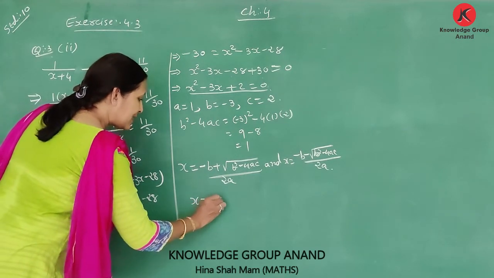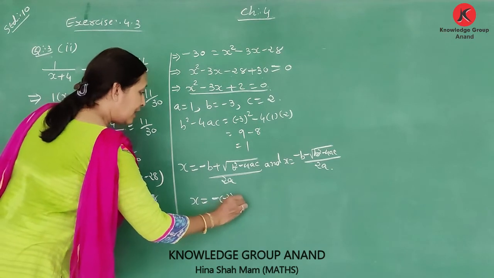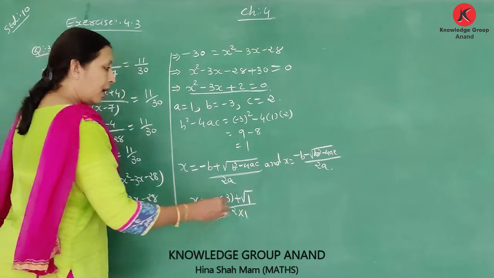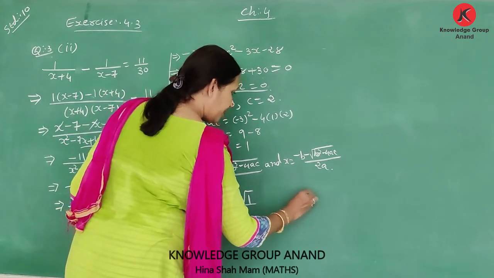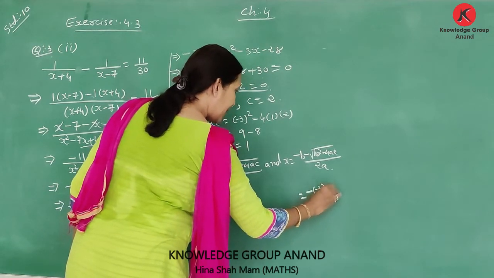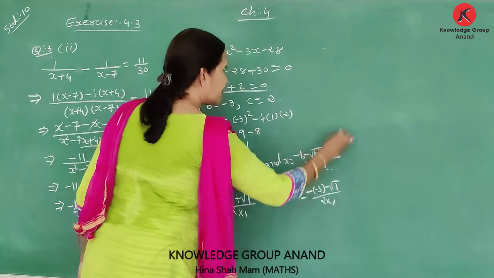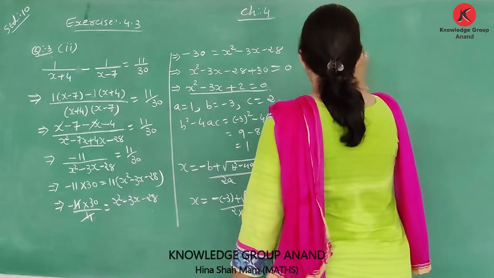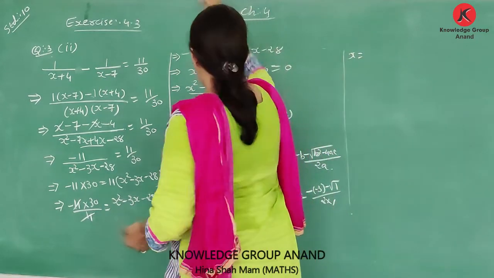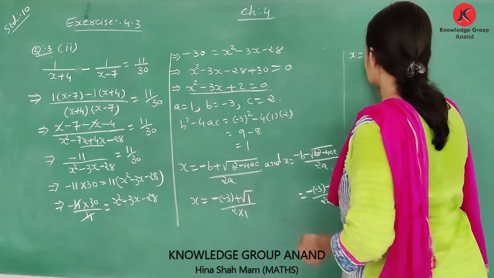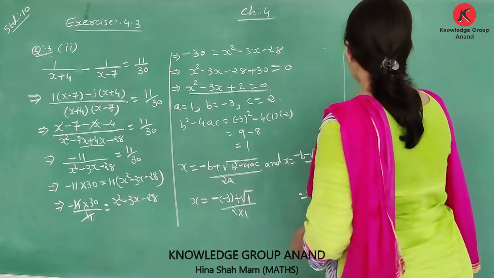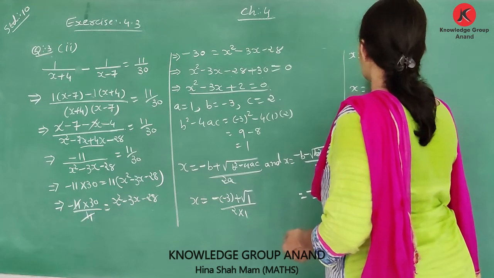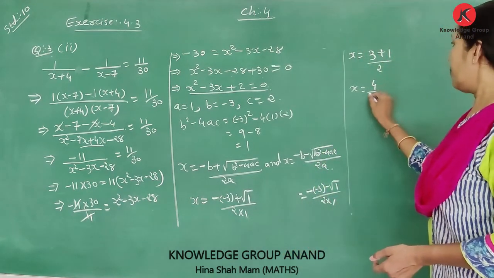Put here the values: x is equals to minus minus 3 plus under root 1 upon 2 into 1, and x is equals to minus minus 3 minus under root 1 upon 2 into 1. x is equals to 3 plus square root of 1, which is 1, upon 2 ones are 2. x is equals to 3 plus 1, 4 upon 2.